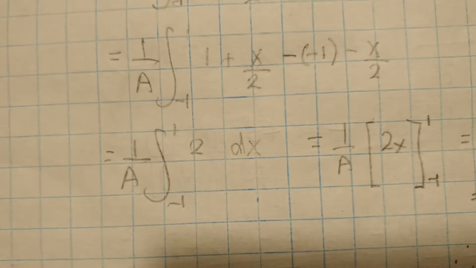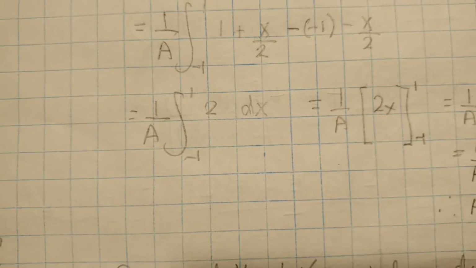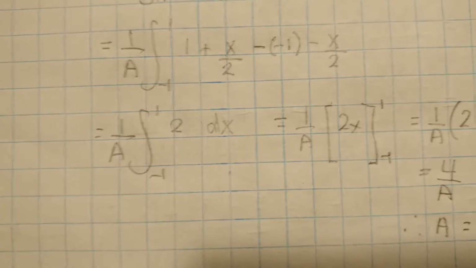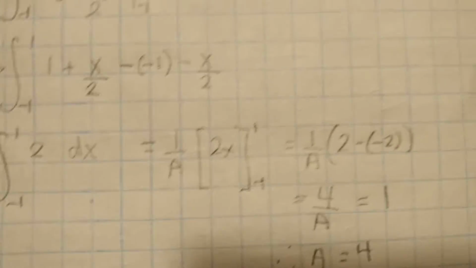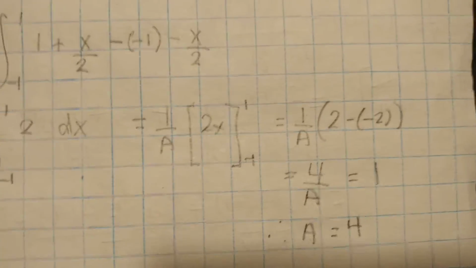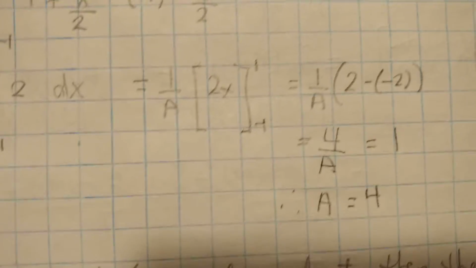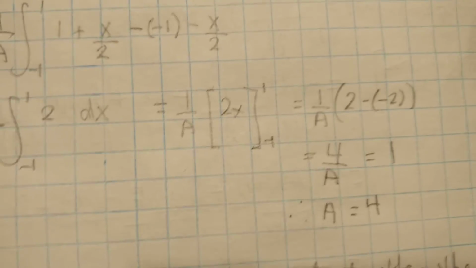Then you end up with the integral from -1 to 1 of 2 dx times 1 over a. That is equal to 4 over a, which is equal to 1, since the integral should be equal to 1 for a valid joint density function. Then you get a equals 4, which we'll use for the remaining parts of the question.